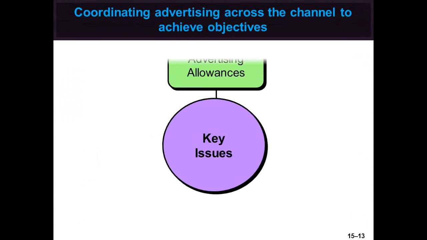Producers sometimes want advertising efforts to be handled further down the channel. Retailers may depend upon producers to provide support for their local advertising efforts. Advertising allowances are price reductions to firms in the channel that encourage channel members to promote the product.